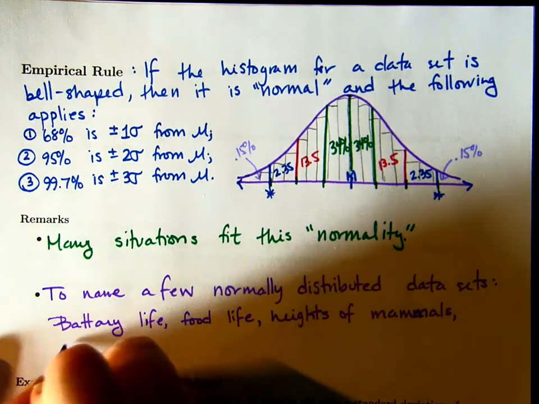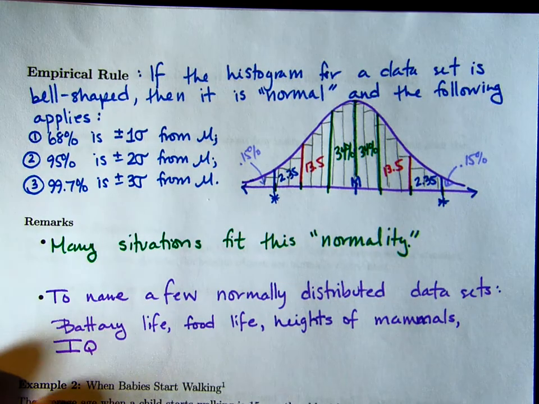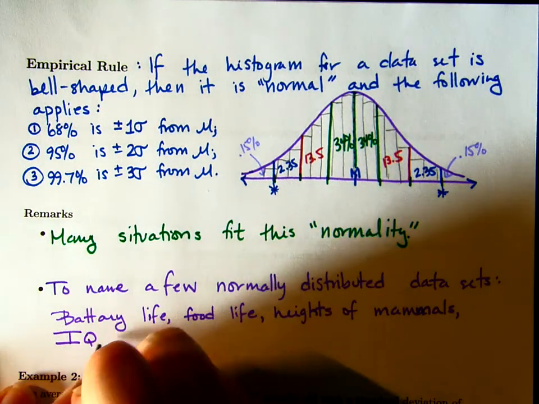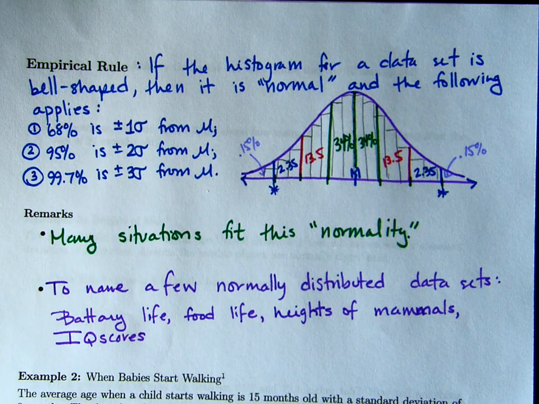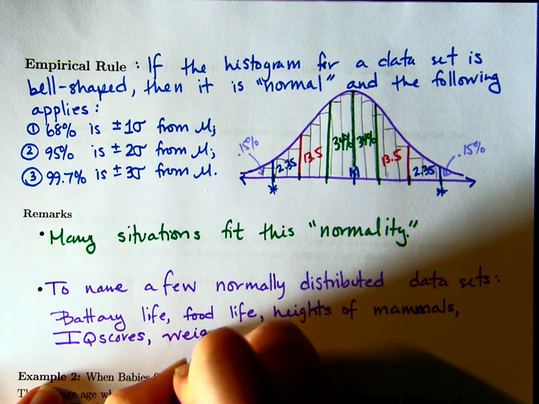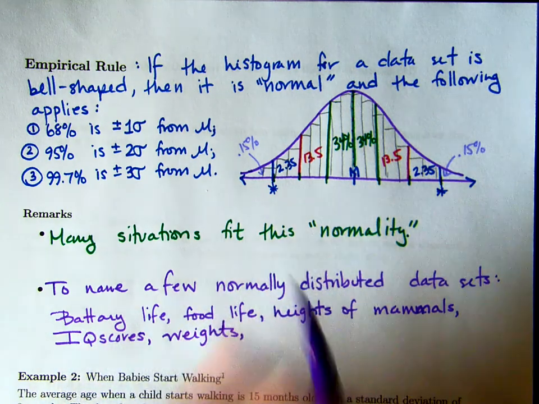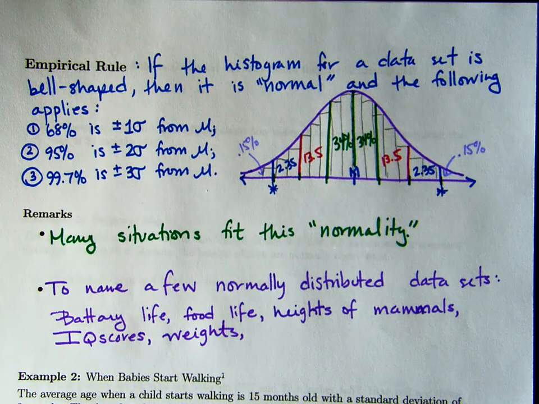IQ scores. The IQ test has been shown to be biased. Even in its bias, is normally distributed. Weight. Okay, so I say weights just very ambiguous, just like vaguely or arbitrarily, like the weights of, I don't know, people. The weights of 2-year-olds. There, just pick one. Are normally distributed. The lengths of a manufactured part.